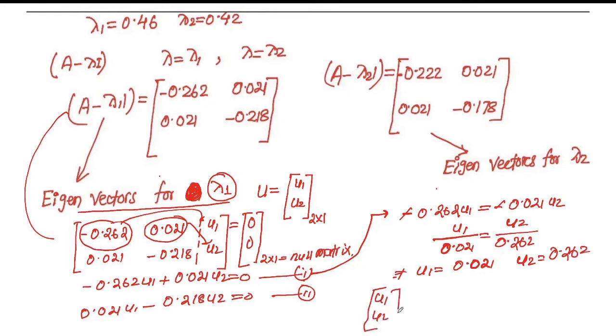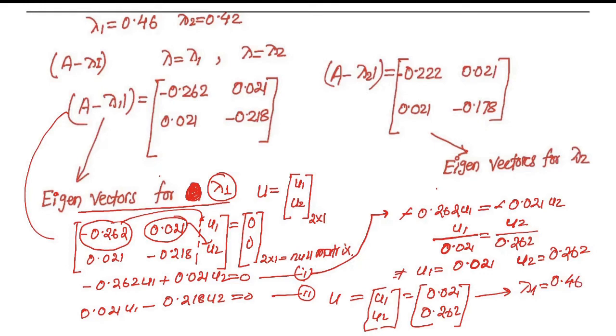So our eigenvector U1, U2 is equal to 0.021, 0.262, which is the eigenvector U that represents lambda 1 equal to 0.46.